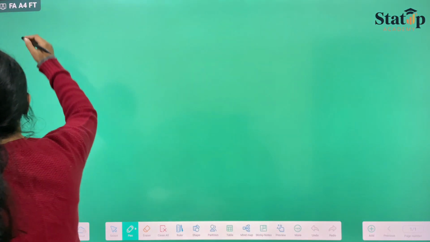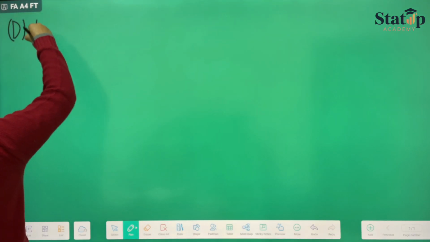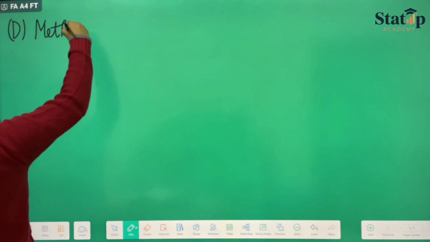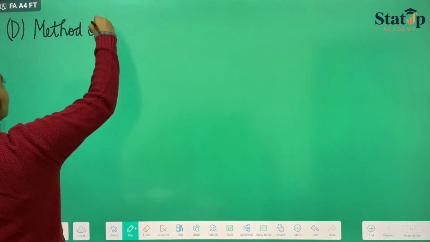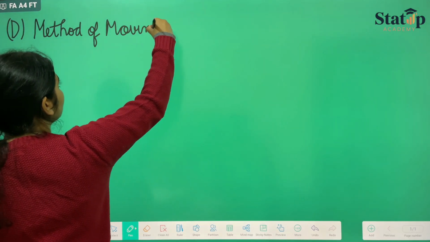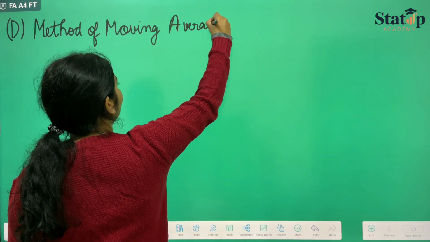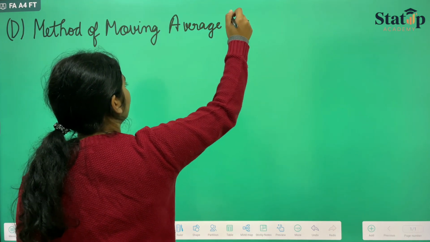So, what do we mean by moving average? This is the fourth method of moving average. So moving average measures the trend.